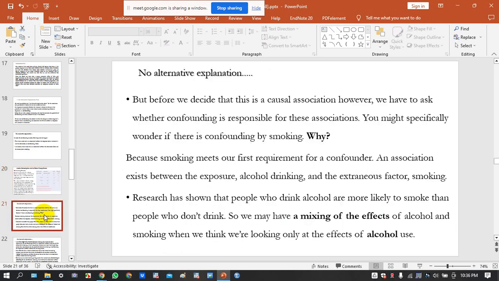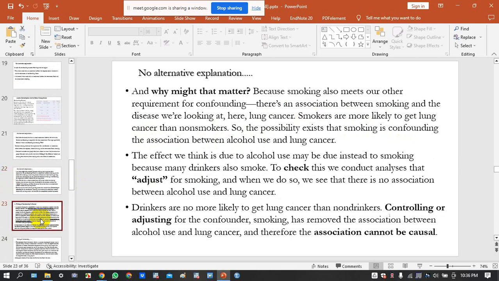So let's continue. But before we decide that this is a causal association, we have to ask whether confounding is responsible for this association. You must logically wonder if there is confounding by smoking. So let's go to the smoking and see.